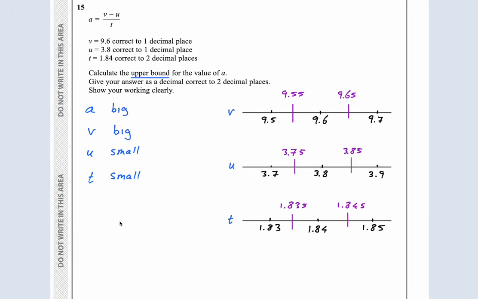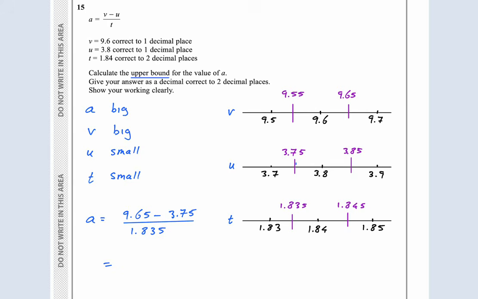How does that all fit into upper and lower bounds? Well, I can now just say A is equal to a big V, so this guy, the 9.65, that's the upper bound. It's the biggest possible V value. Subtract a small U, that's 3.75, that's the lower bound, and divide by a small T, which is 1.835.